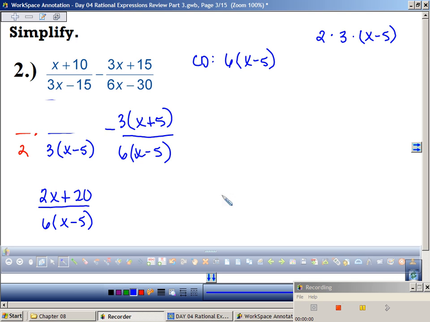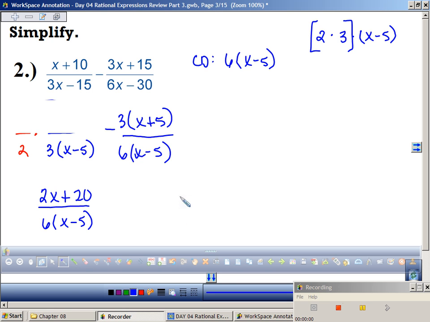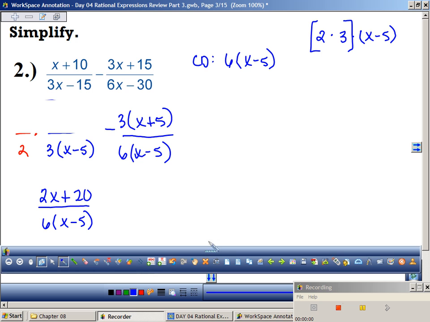Isn't that what I'm saying? Well, you've got these groups, correct? What property tells me that I could group these instead? That's the associative property, right? I can associate 3 and x minus 5, or I can associate 2 and 3. Make sense?